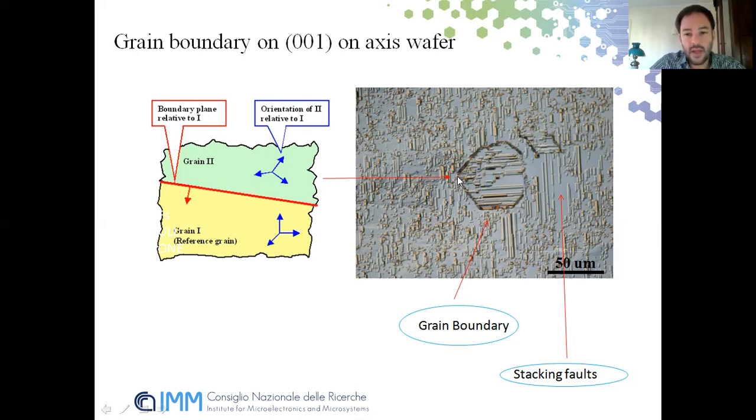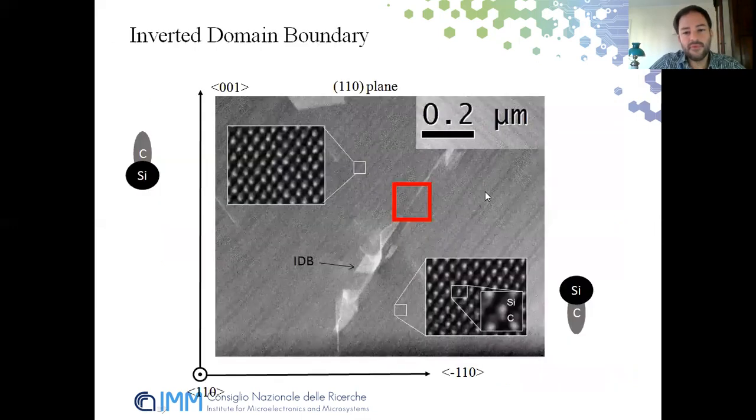So this means that this curved line here is a grain boundary. So we have 2 different crystals inside and outside the grain boundary. We want to understand which kind of crystal is inside this boundary, and we performed a high-resolution TEM image in cross-section.